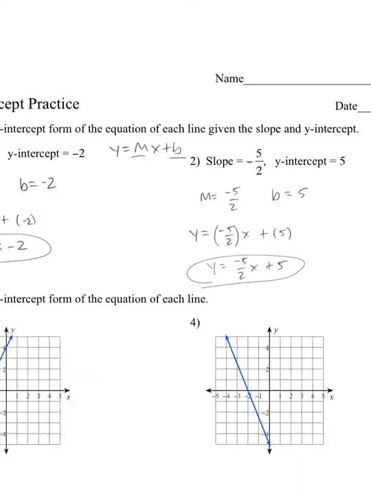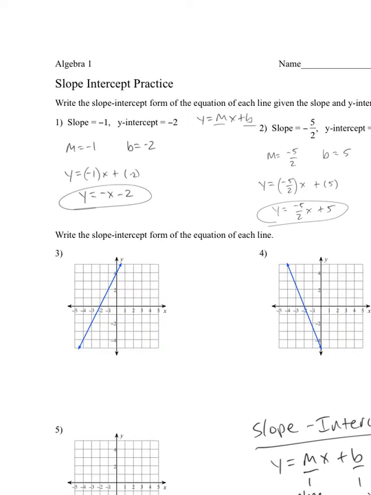Guys, the next three examples all have to do with taking a look at a line and then writing the equation of that line. As you understand now, the y-intercept is where the graph crosses the y-axis.